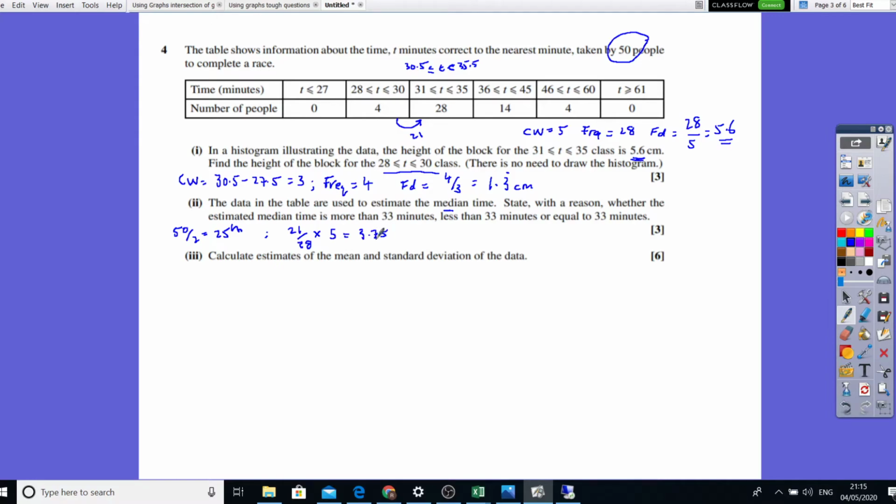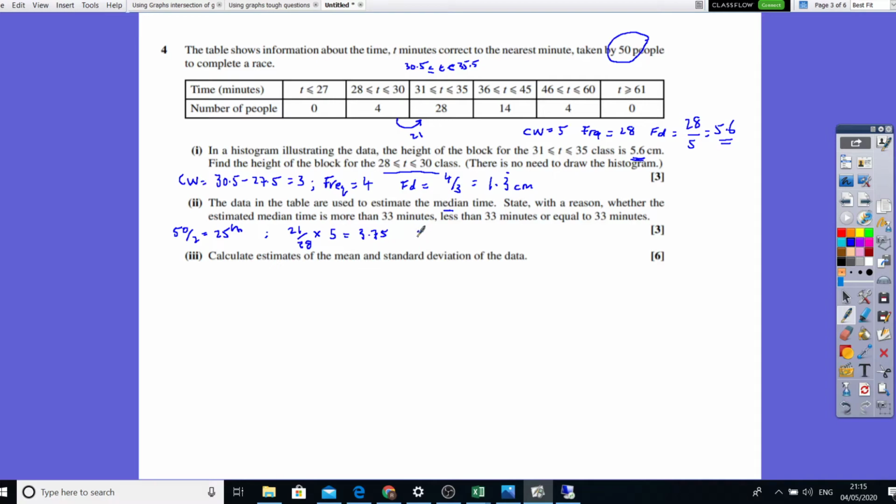So this is how much I want to go in from the bottom of this value. We know that 4 are between 28 and 30, so starting from 30.5, I need to add on 3.75, leading from that lower bound, to see what value the median is going to be.